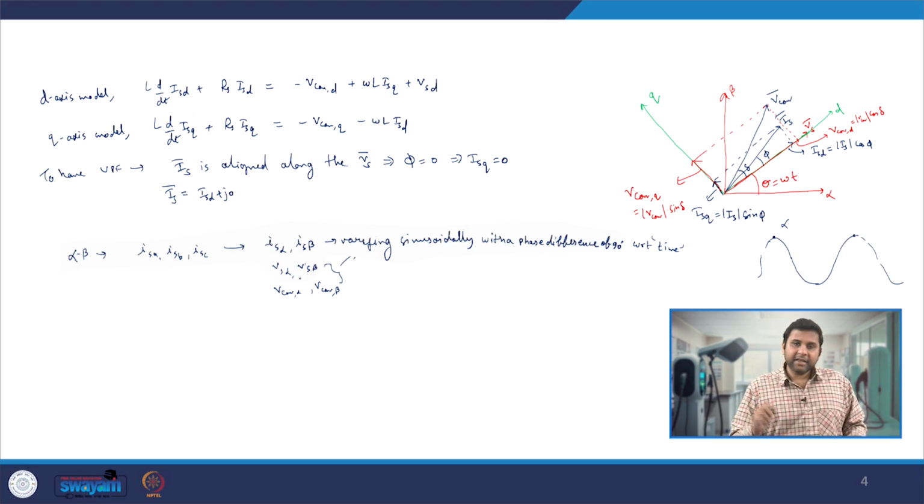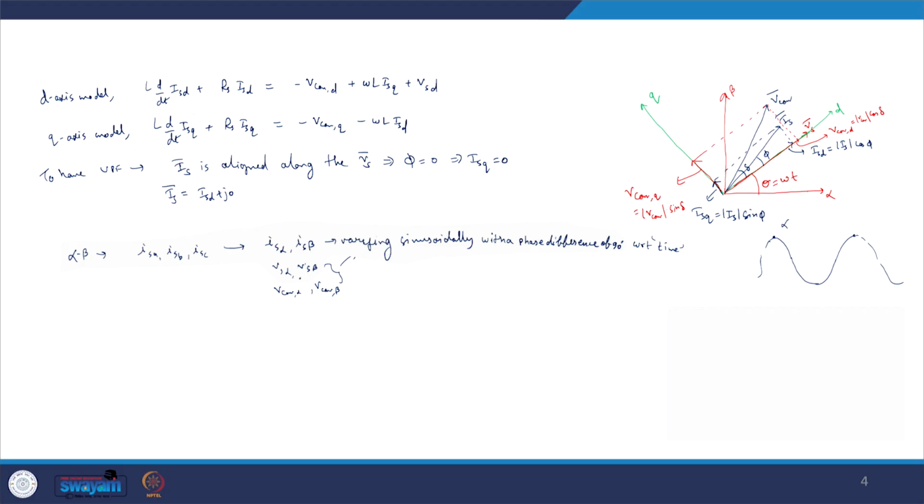So our Is alpha, Is beta, Vs alpha, Vs beta, V converter alpha, V converter beta are sinusoidally varying with respect to time.